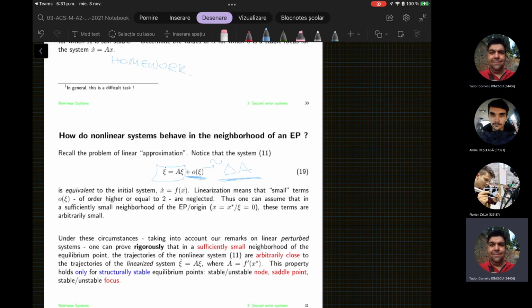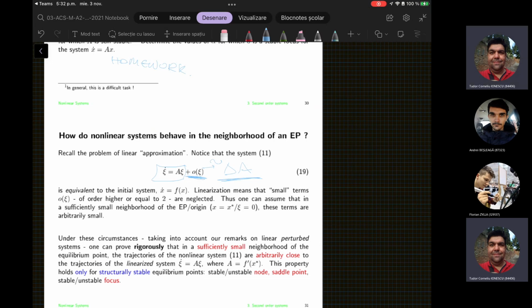So that's why we study the linearized guy, because the nonlinear guy can be considered for very small variations as a perturbed version of the linearized guy. Okay, an approximation. The linearized guy plus higher order terms is an approximation of the nonlinear guy. Okay, so we can understand what's going on.